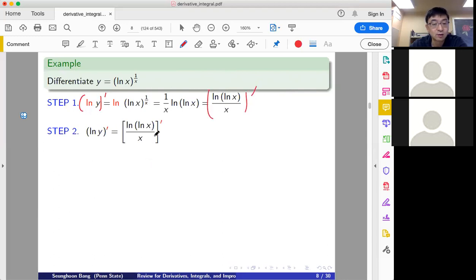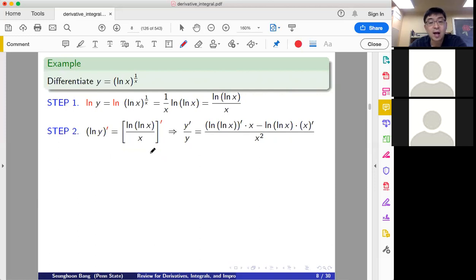So how can you solve this derivative? Here, on this part you can use the chain rule, y prime over y. What is this portion? We can use the quotient rule: top one, ln of x prime times x, minus ln of x times x prime, over x squared. What is this one?